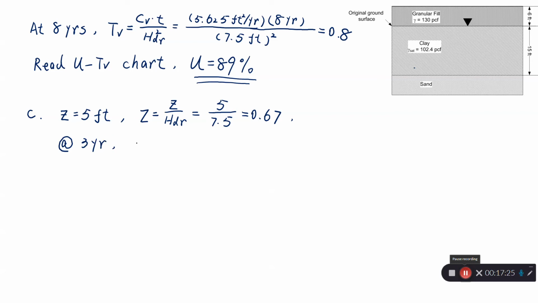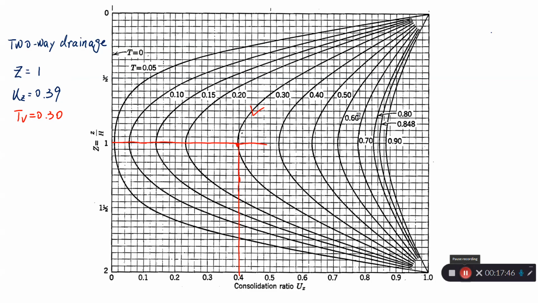And at 3 years, we figured out my TV time factor is 0.3, right? We calculated it from the previous steps. So the first thought is from that I can get my UZ from the chart, right?